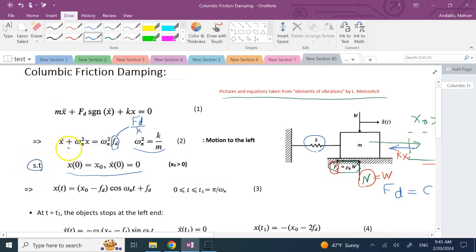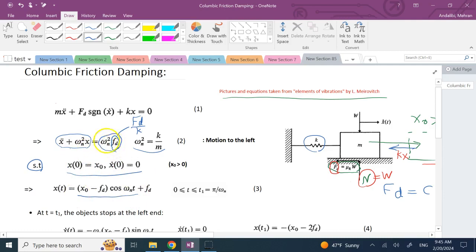What is the solution to that? This is a second order differential equation. It's linear and it's not homogeneous. You have this as the exciting force. So the solution to this part is a cosine term, right? Because x0 is x0 and x dot 0 is 0, so it has to be a cosine. So that is going to be this term here.